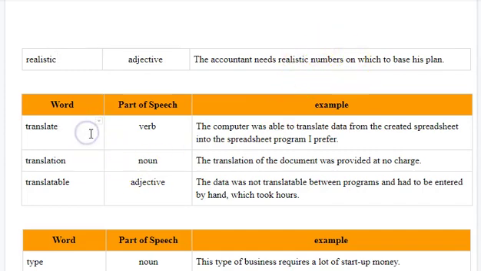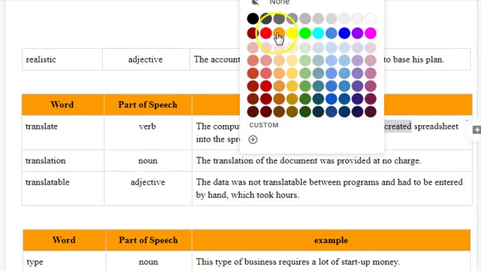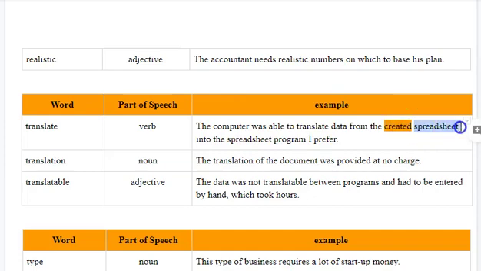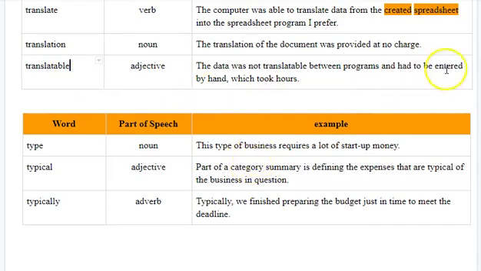Translate, verb. The computer was able to translate data from the created spreadsheet into the spreadsheet program I preferred. Translation, noun. The translation of the document was provided at no charge. Translatable, adjective. The data was not translatable between programs and had to be entered by hand, which took hours.